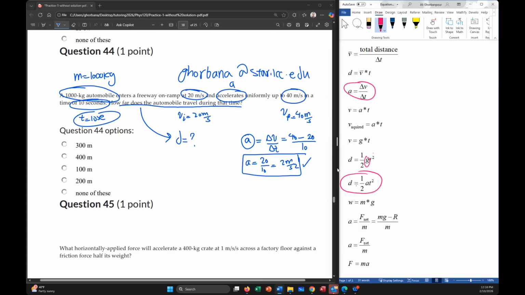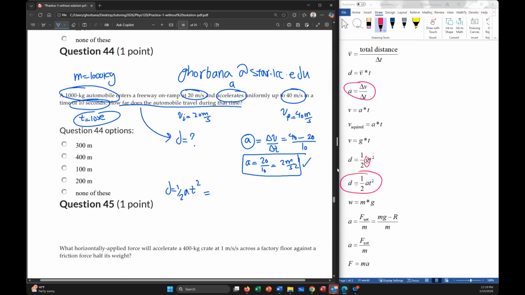Okay, so how we can calculate the distance is 1 over 2 acceleration t squared. Do I have acceleration? Yes. Do I have time? Yes. And I can calculate the distance traveled.